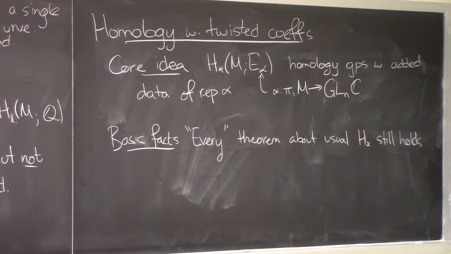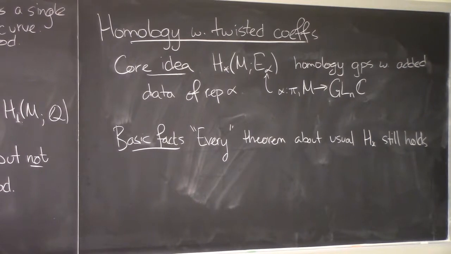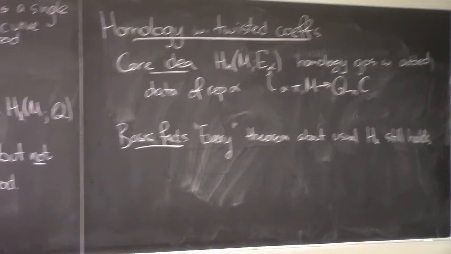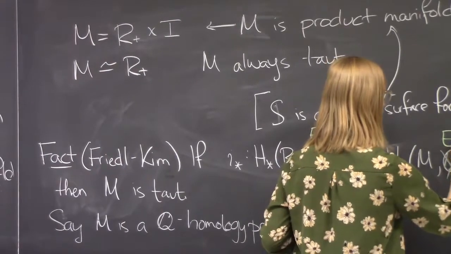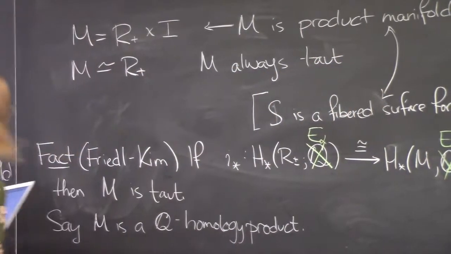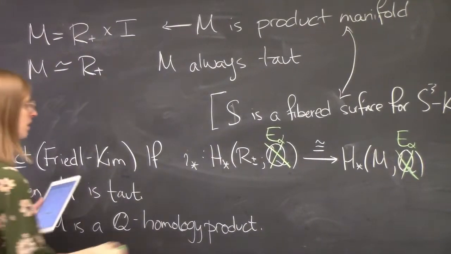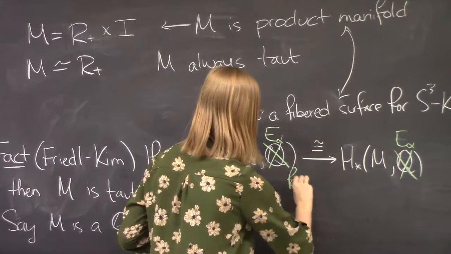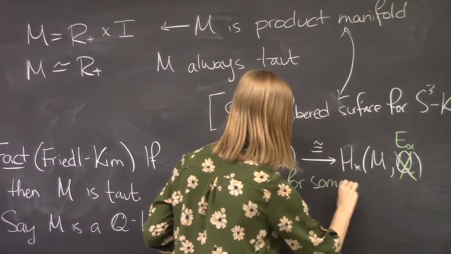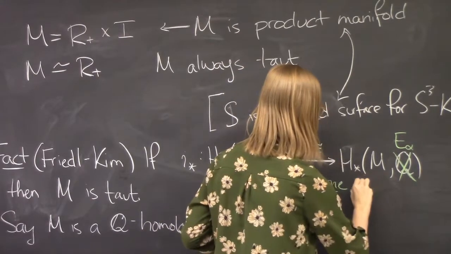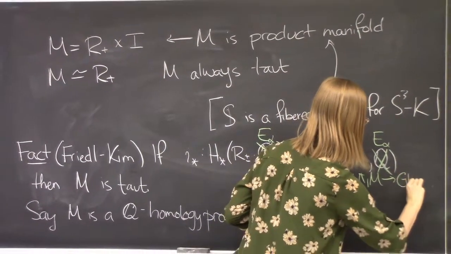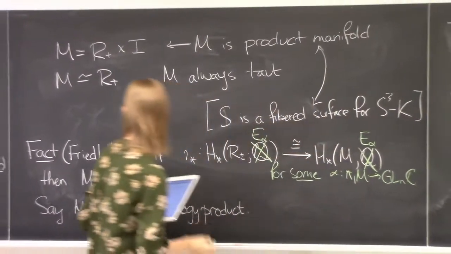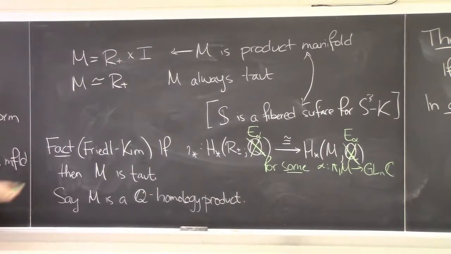So I can replace this and say, well, let me just cross out all of my rational numbers and replace them with my twisted coefficients. And this is for some representation. And this theorem is still true.